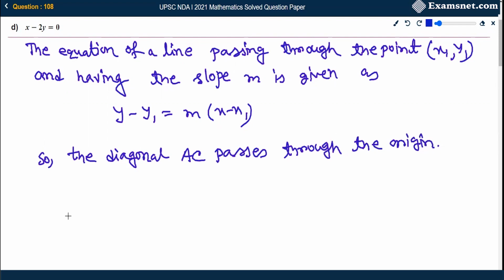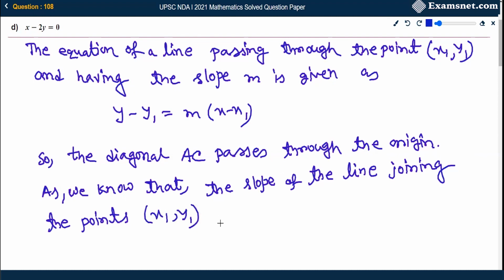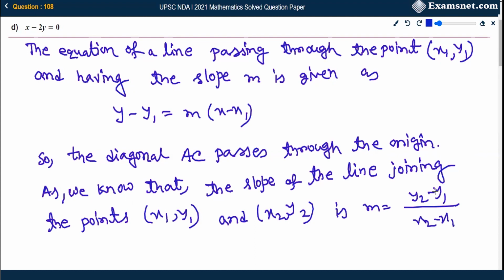Now we know that the slope of the line joining the points (x1, y1) and (x2, y2) is m equals (y2 minus y1) over (x2 minus x1), right?